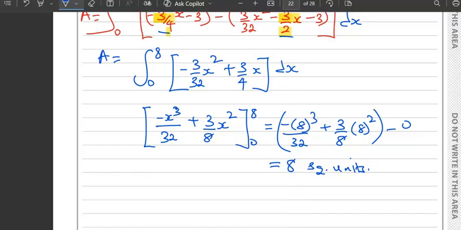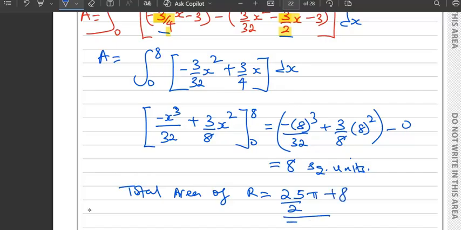Now, what is the total area? Here we can say that the total area of R will be given as, initially we got the area of the semicircle to be 25 over 2 pi, and we've gotten the area between line AB and parabola S to be equal to 8.